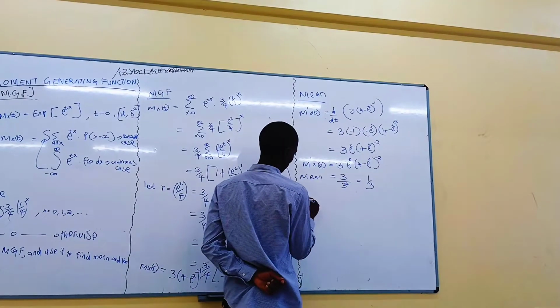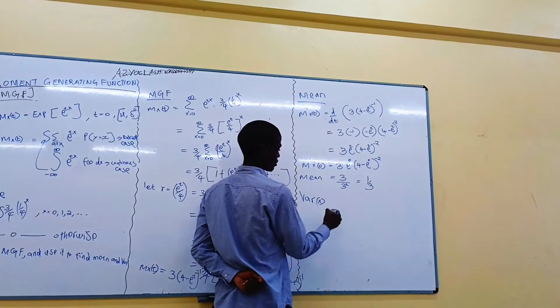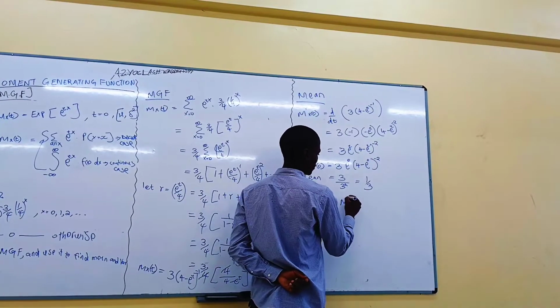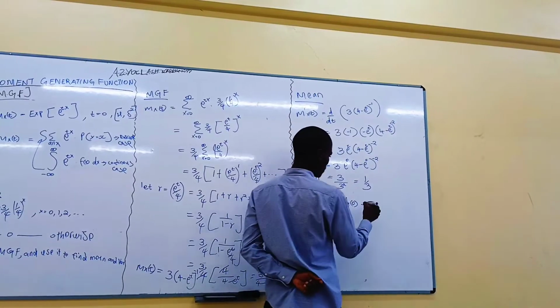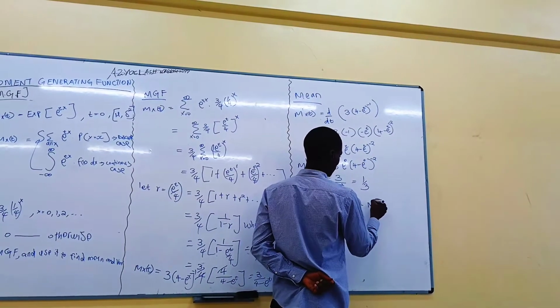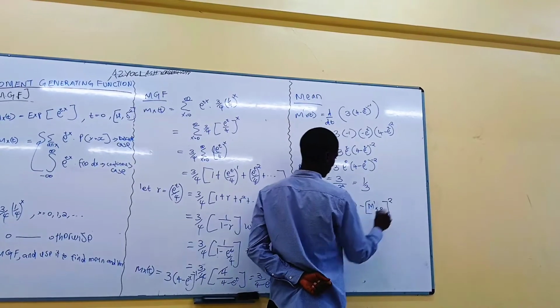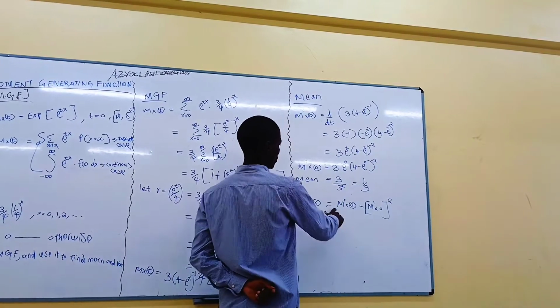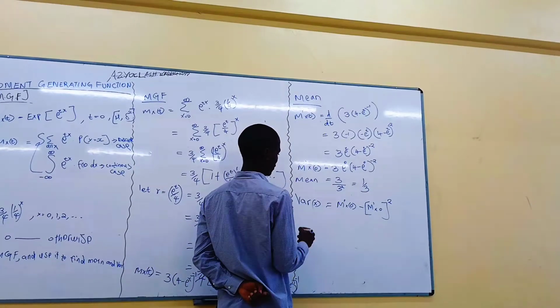variance. To find variance, we first find the second derivative of the MGF at t equal to 0. We subtract the first derivative at t equal to 0, or the mean, squared. So first, because we already found the mean, let's find the second derivative.